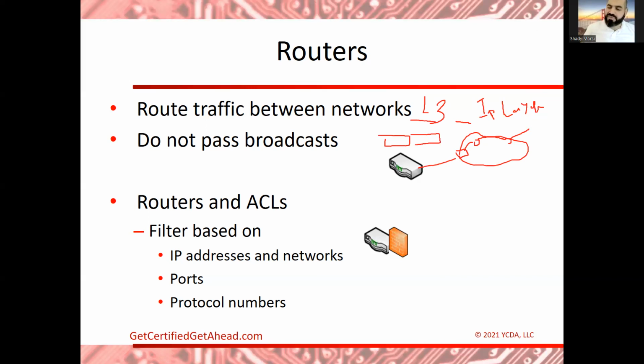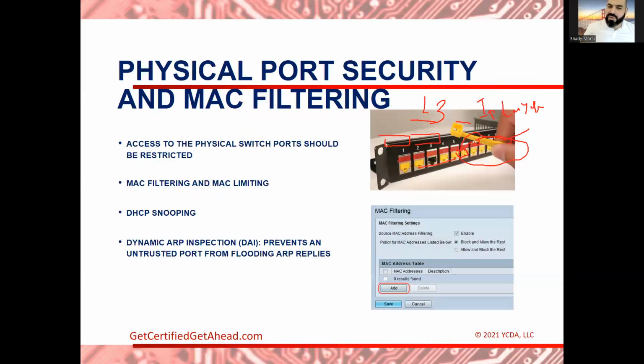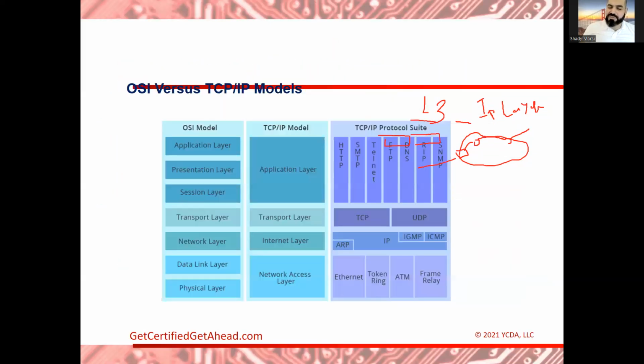If you have doubt in this, you can always look at the diagram here. In this diagram, we find the network layer, which is the layer that uses IP addresses. They call it, in the TCP/IP model, the internet layer. And you can see here it's using IP addresses. So I know that the router is located here.